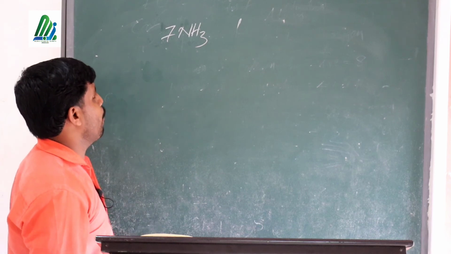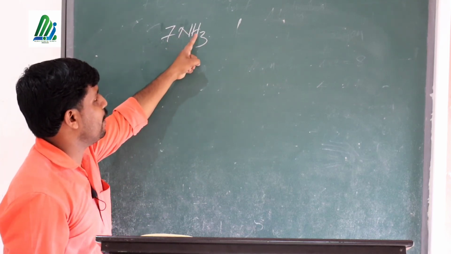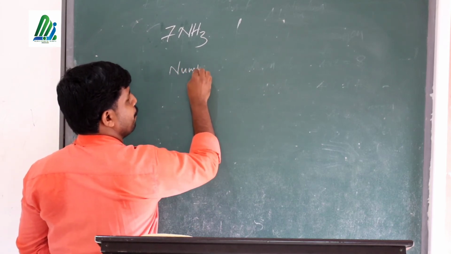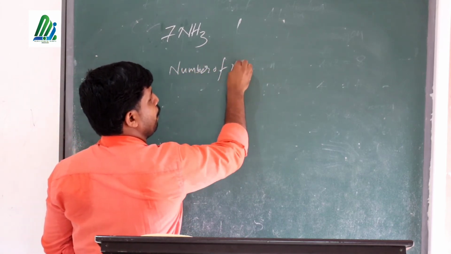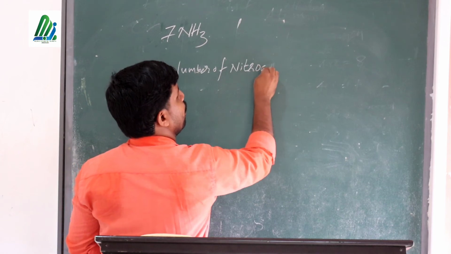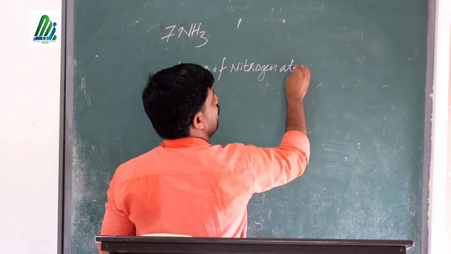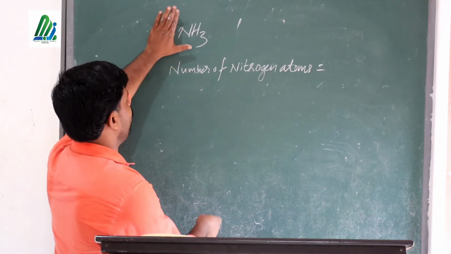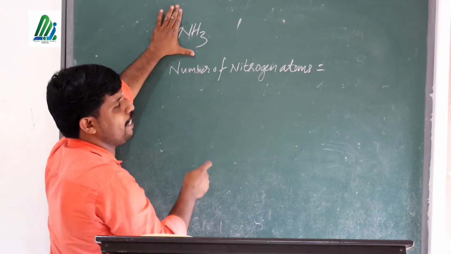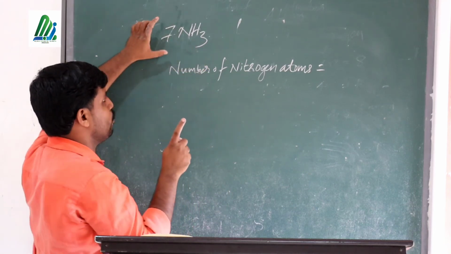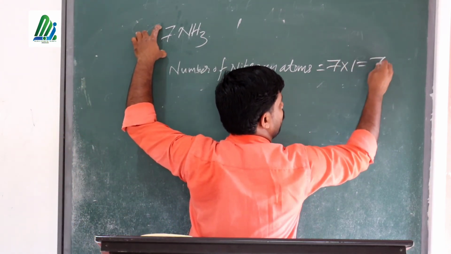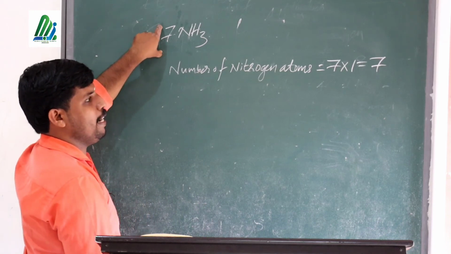Then in 7 ammonia molecules, we want to calculate the number of nitrogen and hydrogen atoms. Number of nitrogen atoms is equal to, in one molecule, how many nitrogen atoms? There is only one nitrogen atom. So 7 molecules, that implies 7 into 1, is equal to 7 nitrogen atoms.